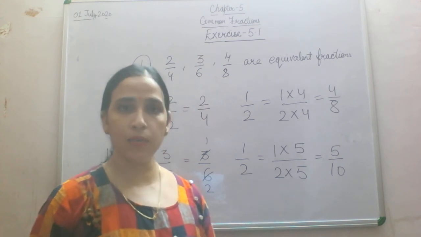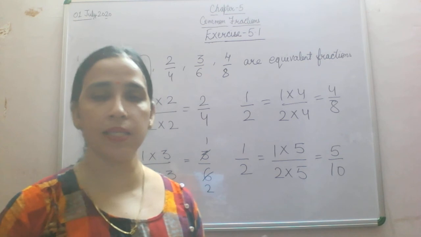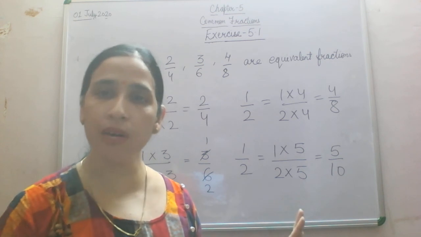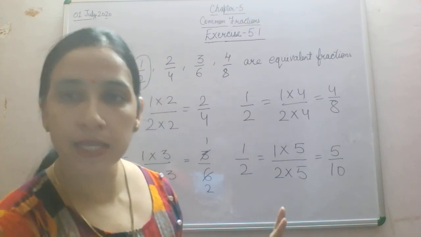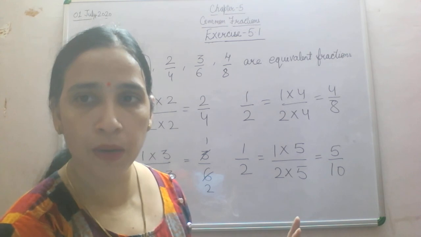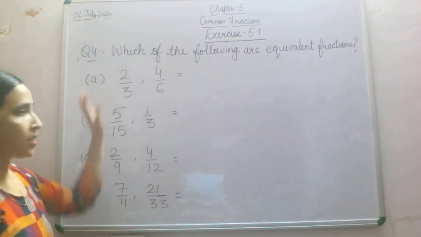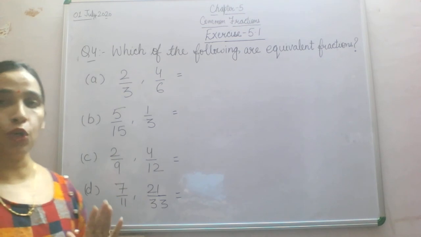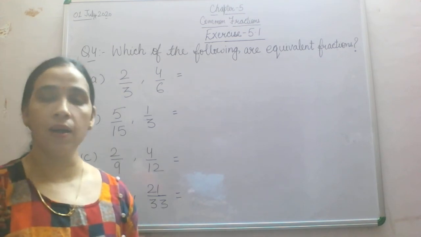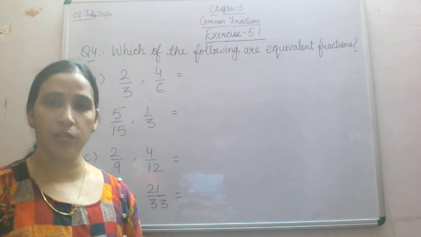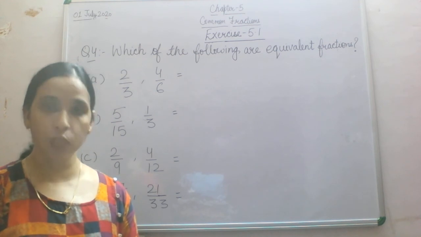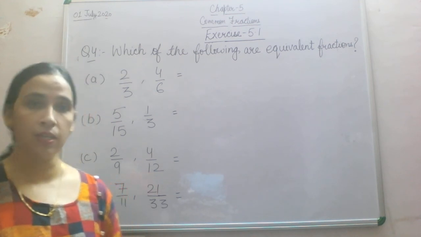Now the next question of your exercise is related to equivalent fraction only. So let's start that question. Question number 4: which of the following are equivalent fractions? Just now we have understood what an equivalent fraction is.